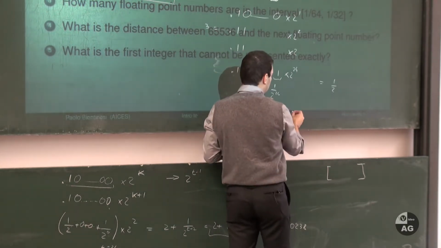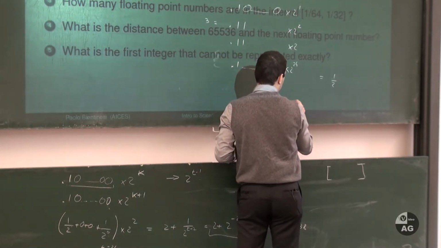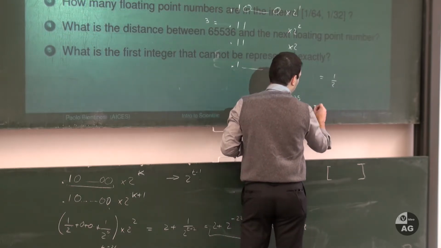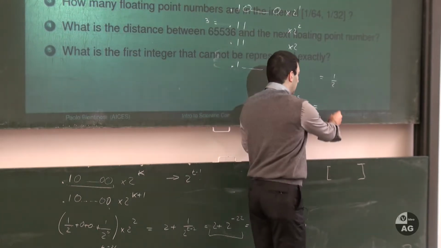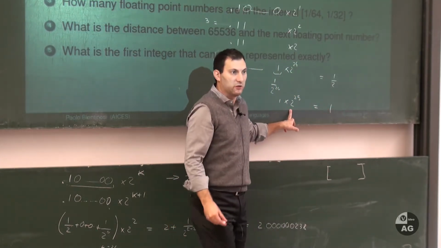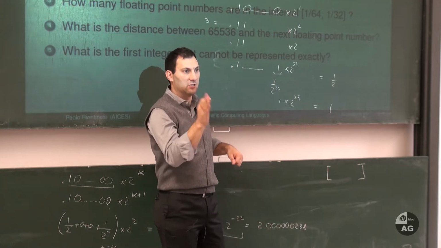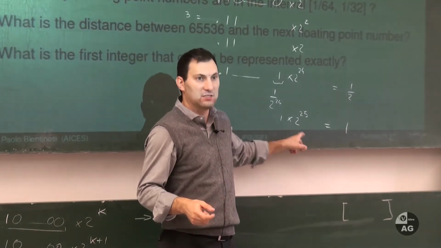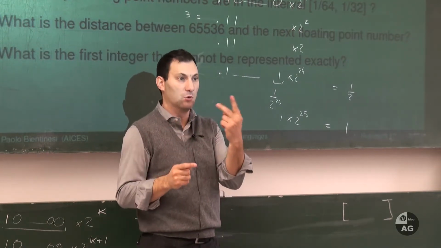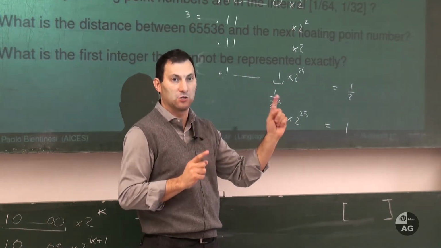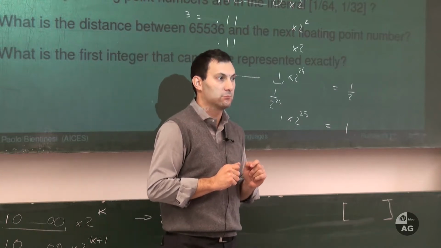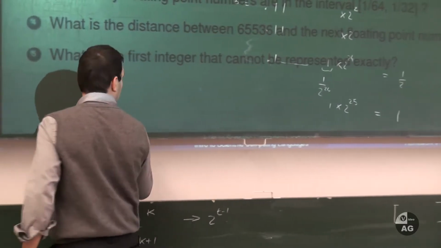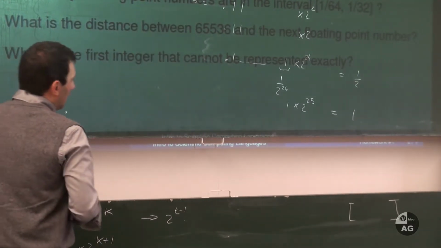So if I go to the next one, 25th, now my distance is 1, which means this is fine. I can still hit all the integers, but as I move up one notch, my distance between two numbers is actually 2. So I will start skipping integers. Yeah? So the first integer that is not representable is, let's see what it is.